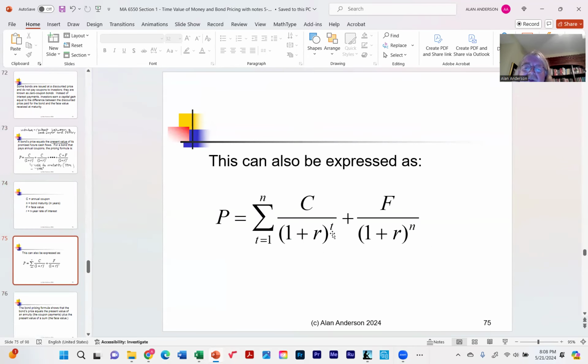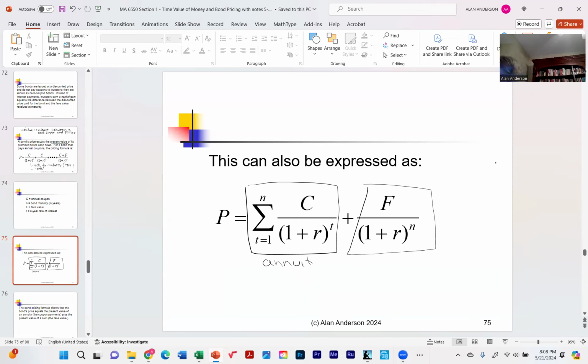Now you can write this a little more simply. You notice what's happened here is we simply have a sum of all the cash flows. And the subscript here is T. T means the time at which the cash flows are received. This is a fixed constant. So in other words, if you want to calculate the present value more quickly, you'll notice this is nothing but an annuity of coupons.